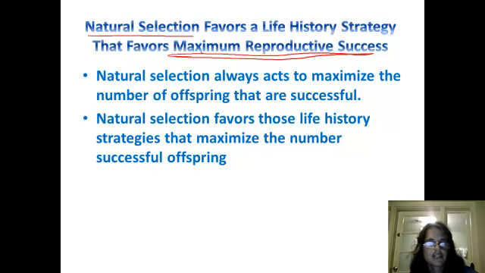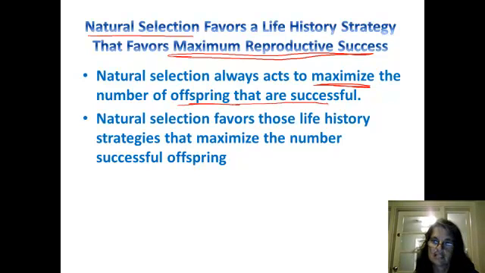So natural selection always acts to maximize the number of offspring that are successful. And thus it will always favor organisms who have life history strategies, who have ways of doing things that are going to maximize the total number of successful offspring they can have. So this is not rocket science. All these words tend to make things complicated.